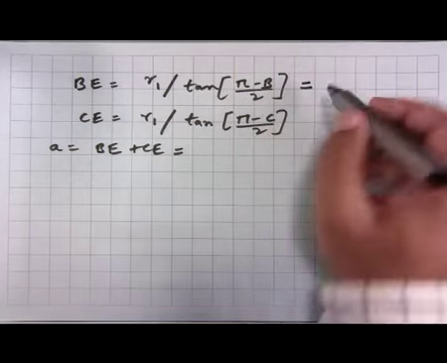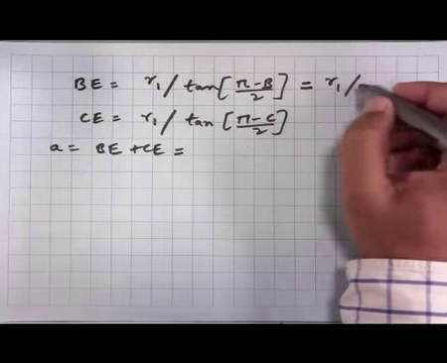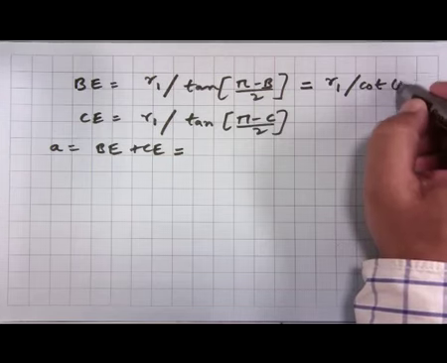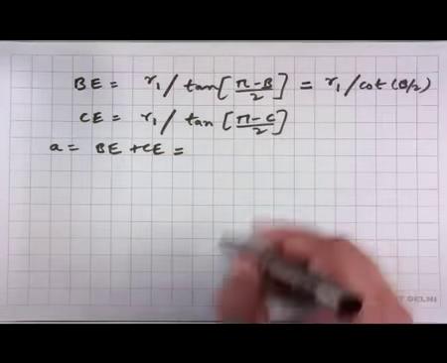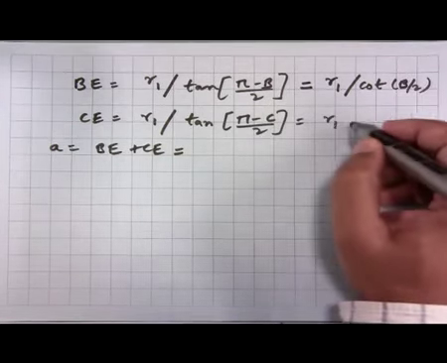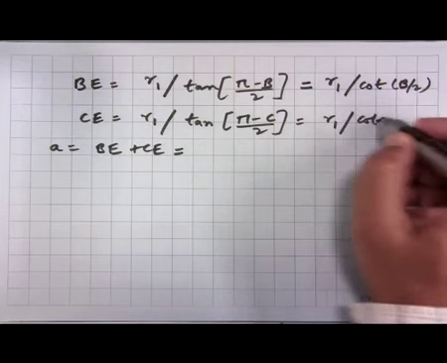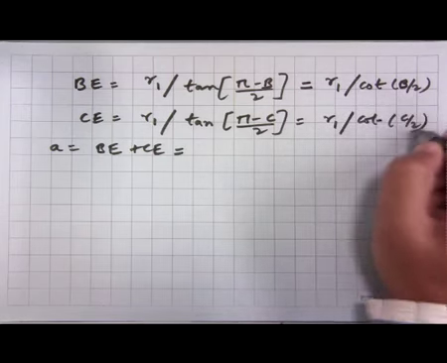So this is exactly equal to R1 divided by cot of B over 2, and this is equal to R1 divided by cot of C over 2.